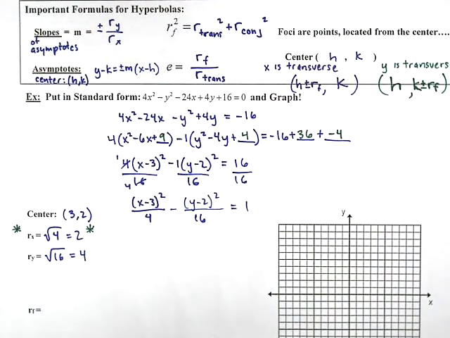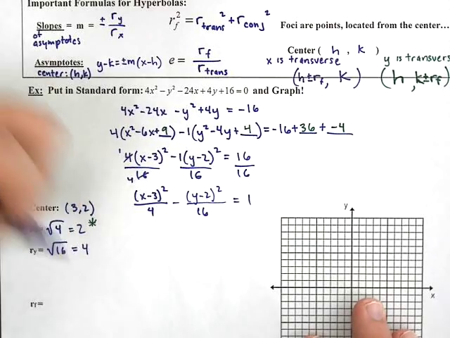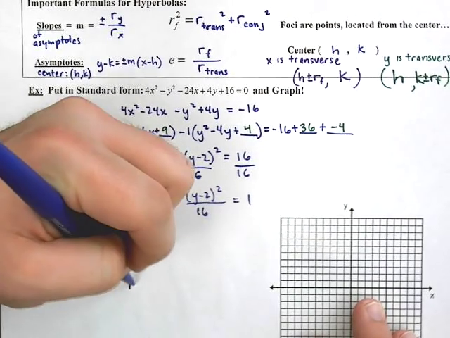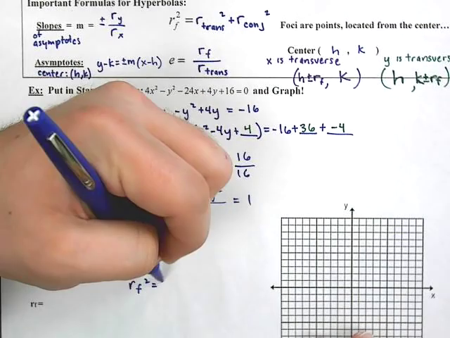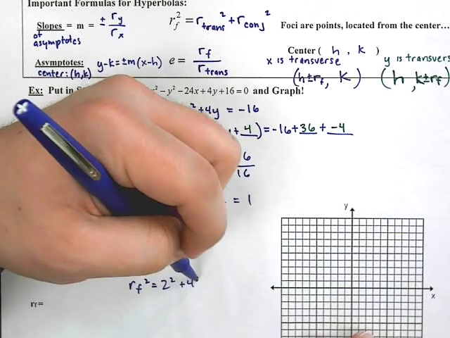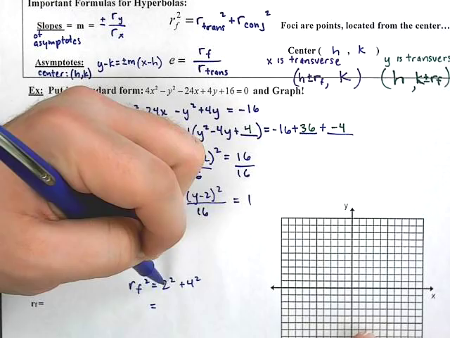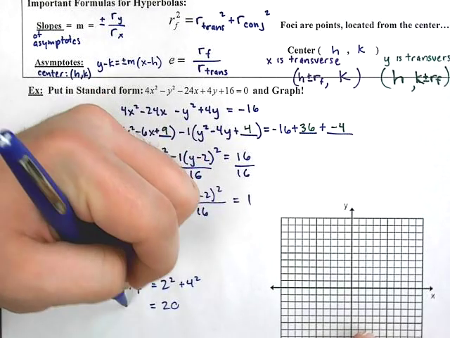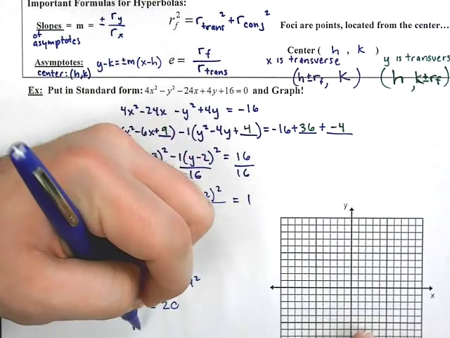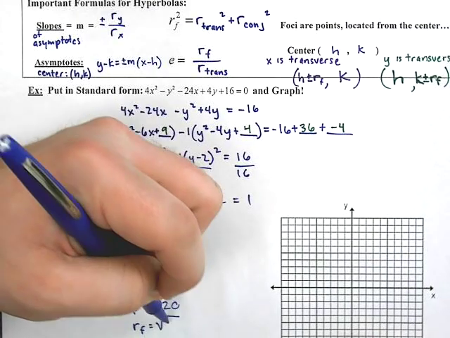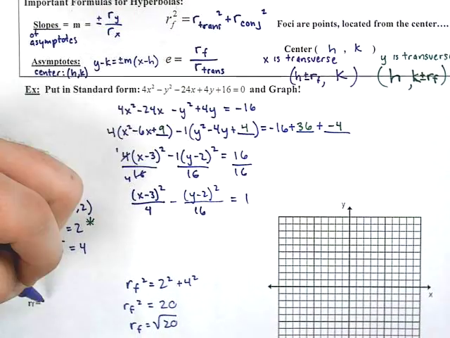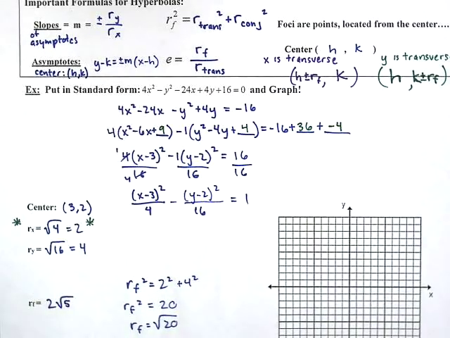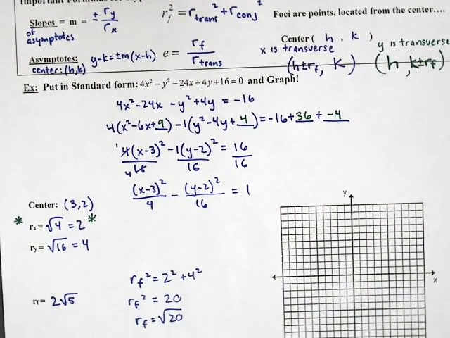So I'm going to say r_f squared is equal to 2 squared plus 4 squared. Or I can keep going: 4 plus 16 is 20. So r sub f is equal to square root of 20. We would probably want to simplify that to 2 root 5.